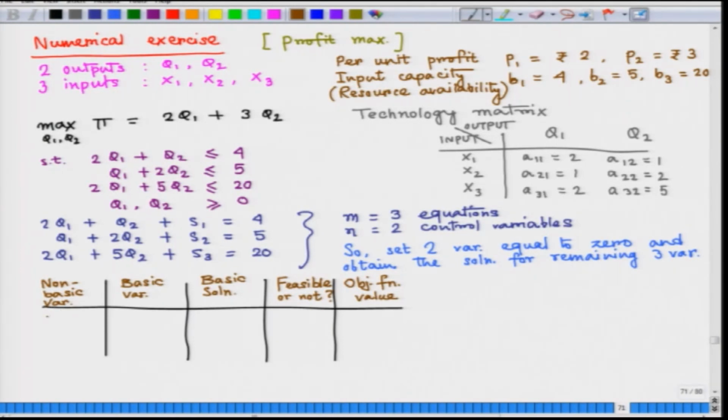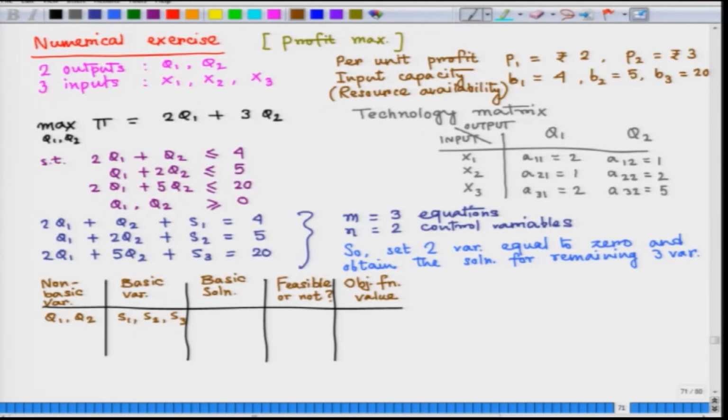So, here I first assume the simplest possible case where I have q1 and q2 set to 0, right. So, in that case the basic variables become S1, S2 and S3 from this slack form of the LP problem, right.